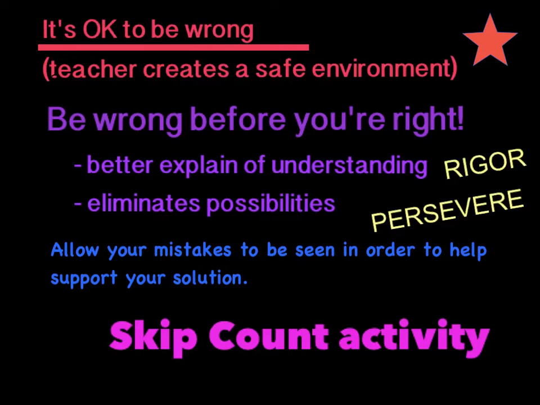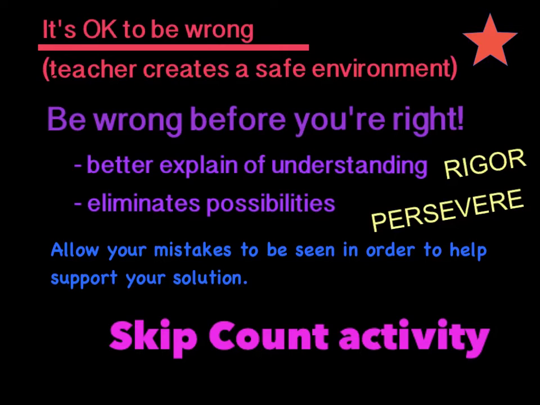In working through that rigorous task, they develop the skill of being able to persevere. Being wrong before you're right allows you to better explain your understanding afterwards, and it eliminates that set of possibilities that won't solve the problem. We must allow our mistakes to be seen in order to help support the solution.